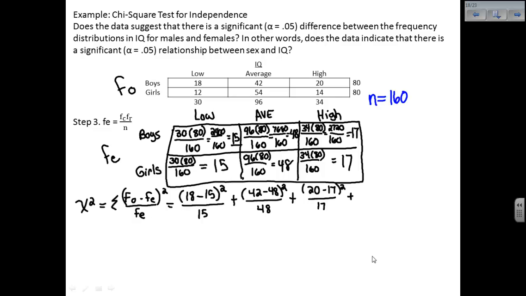The next group, girls with a low IQ. We observed 12. We expected 15. Trying to find those differences between observed and expected. All right, next one. The girls with an average IQ. We observed 54, but we expected 48.